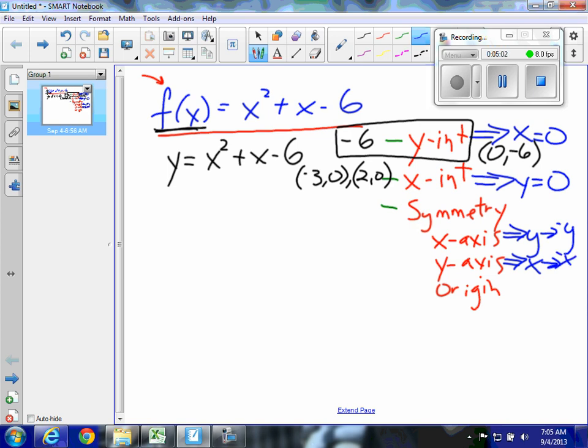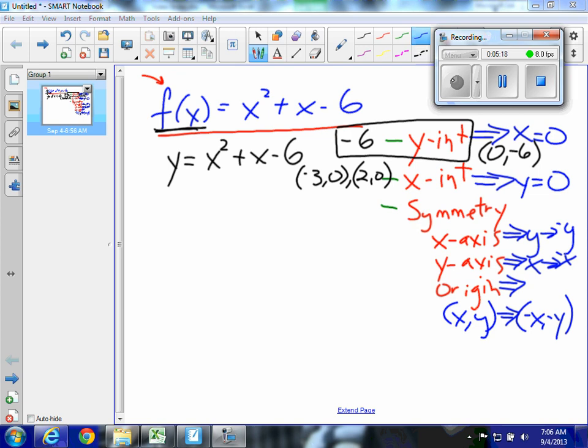And for symmetry around the origin, I'm going to turn x and y into negative x and negative y. I do each of those separately, and when I do that, I compare the formula with the negatives to the original equation, and if they are identical, then I have symmetry.